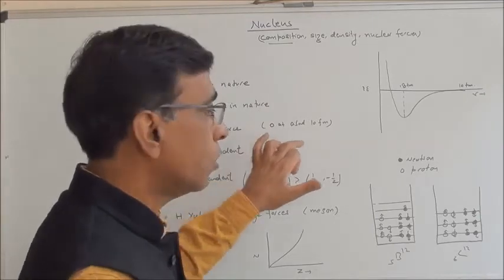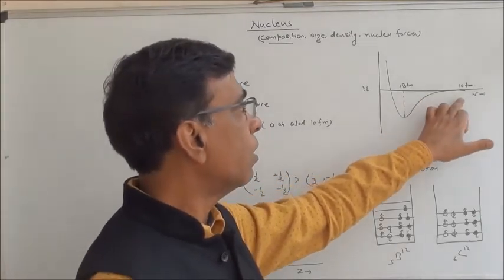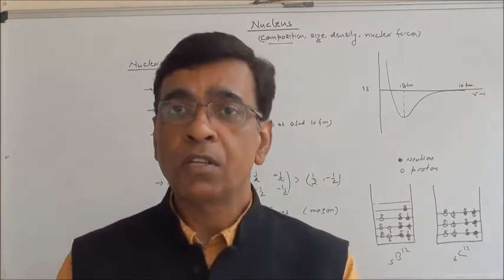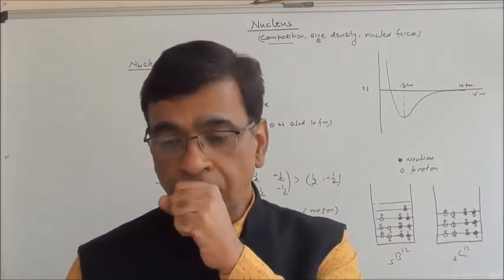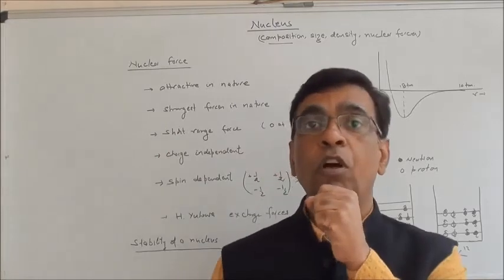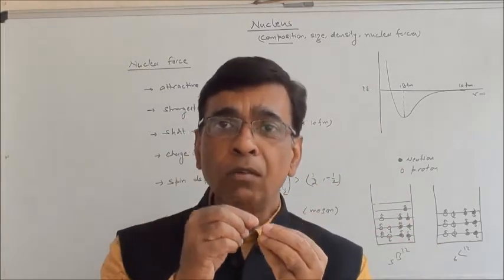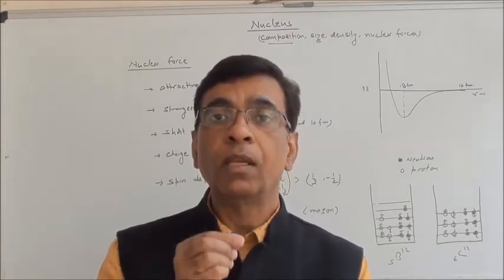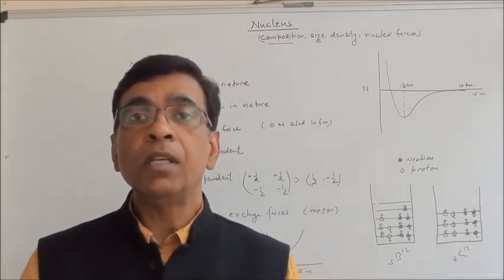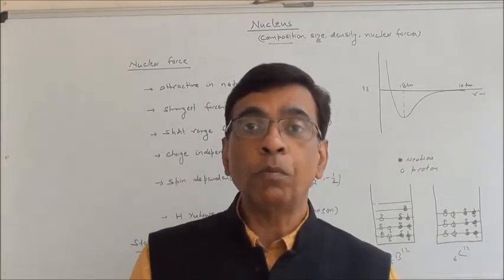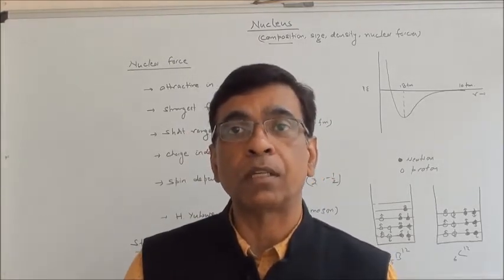Short range force. I explained here also that at a distance of around 10 Fermi it is 0. This we call short range force or saturation of the forces. A particular nucleon inside a nucleus is attracted by only neighboring nucleons, not by all nucleons present inside the nucleus.